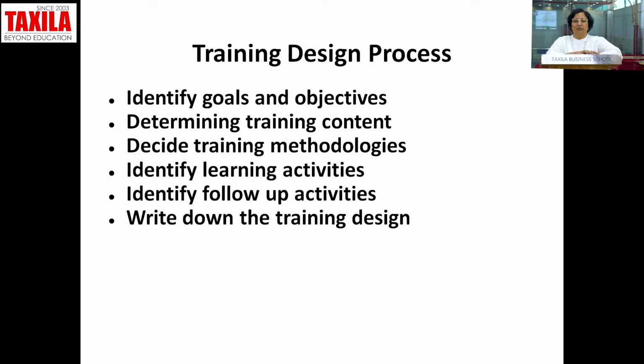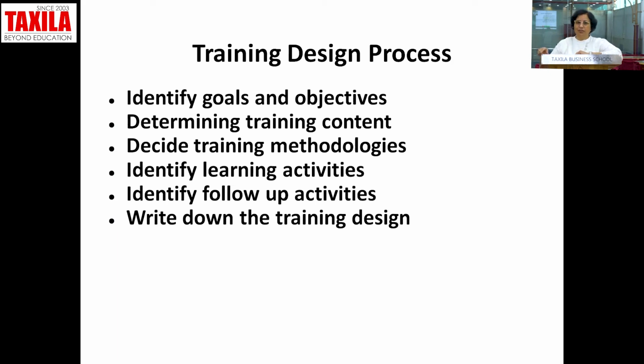Now, training design process. How does it work for us? You need to identify goals and objectives of a training program. For example, in the video clip, the goal and objective was to make them a cricketer. And then the lady determined the training content, how to start. And before that, she checked what kind of knowledge about cricket these people have. Then she decided training methodologies.